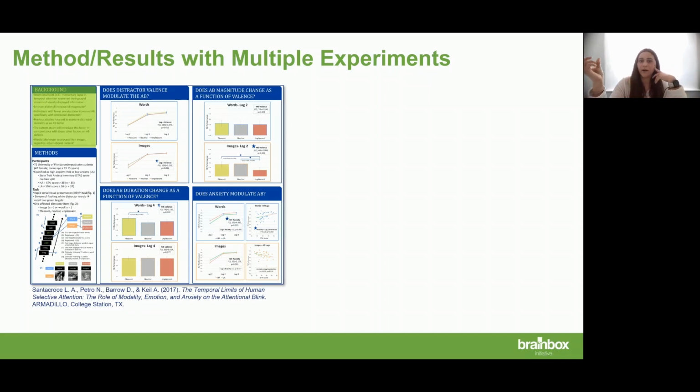Here, on this poster, I had a general method section where I generally described what happened, and then off to the side I wrote one experiment used words, one of them used images. And then I treated experiment 1 and 2 as being two separate conditions, even though they were two separate experiments.